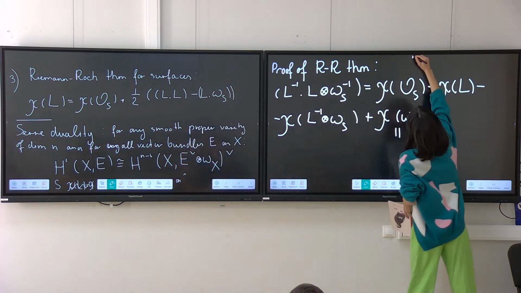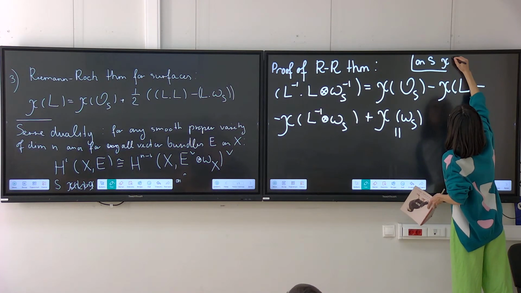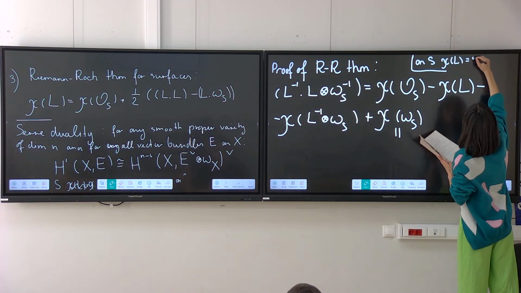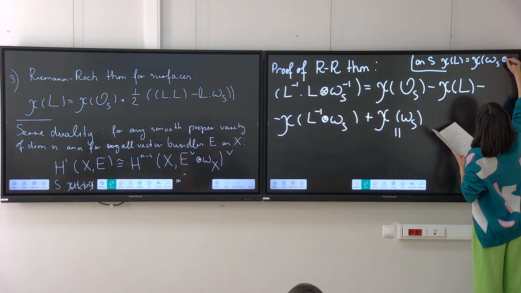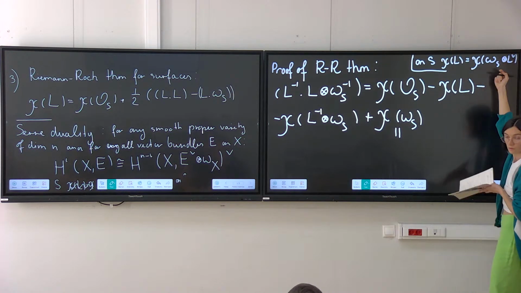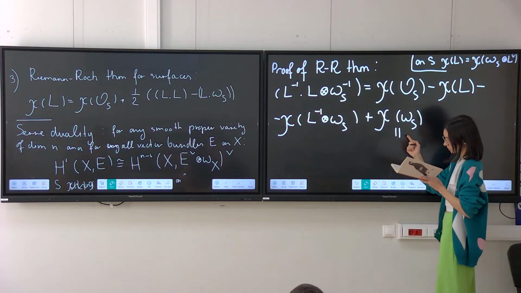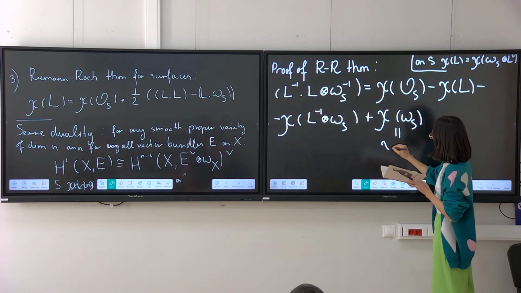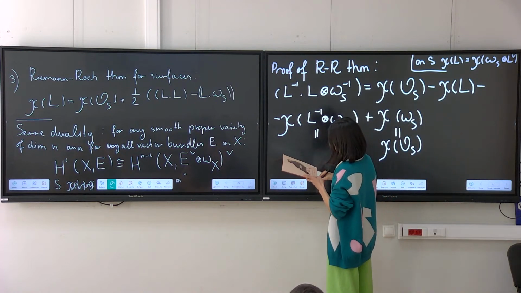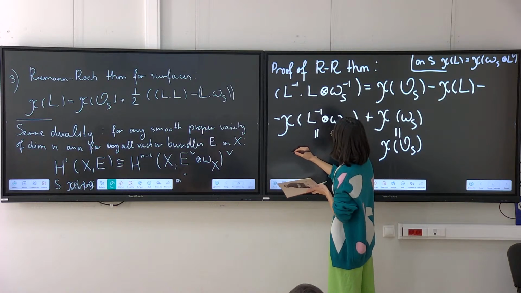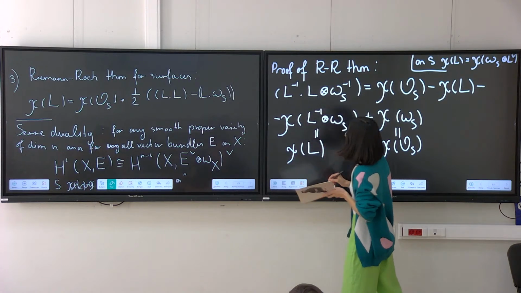I will write it here: on S, the Euler characteristic of L is equal to, by Serre duality, the Euler characteristic of K tensor L inverse.